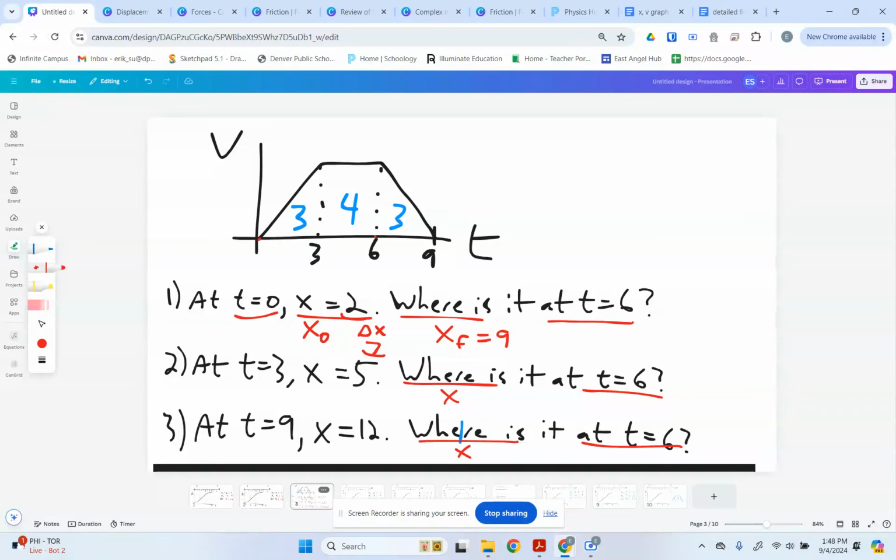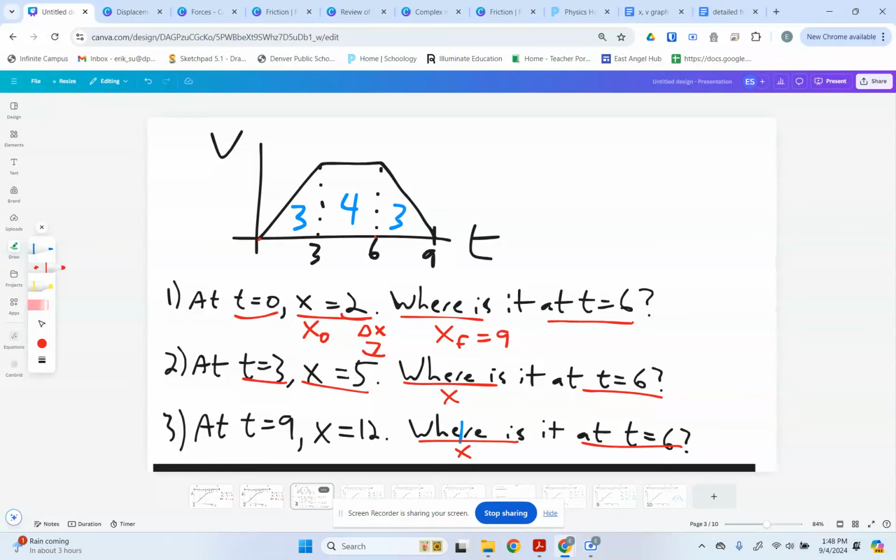But notice the second question, it's sort of the same final question, but notice what I gave you is different. So I gave you a position at a different time. So notice that initial position is at a different time, at 3 seconds. I'm still finding the position at a later time, 6, but now since I gave you the position at 3 seconds, you only care about the displacement between 3 and 6, not 0 and 6.